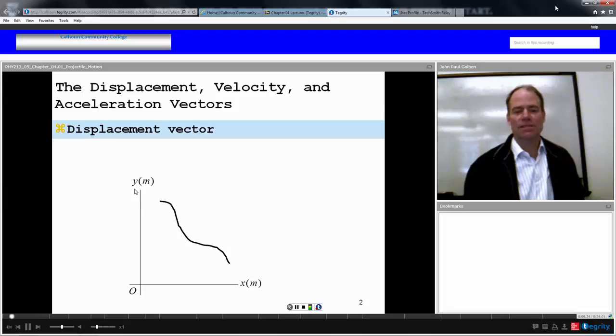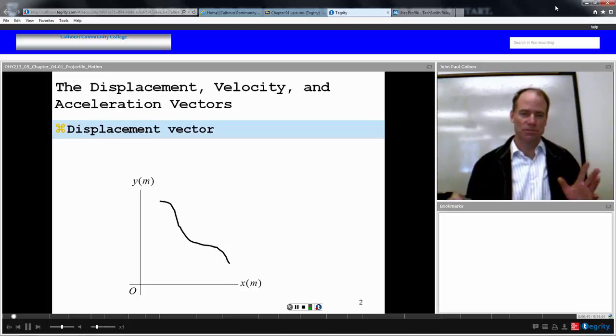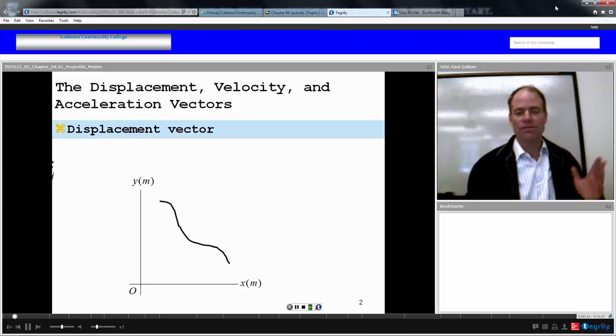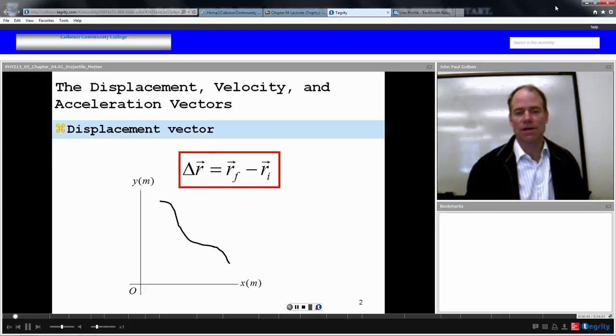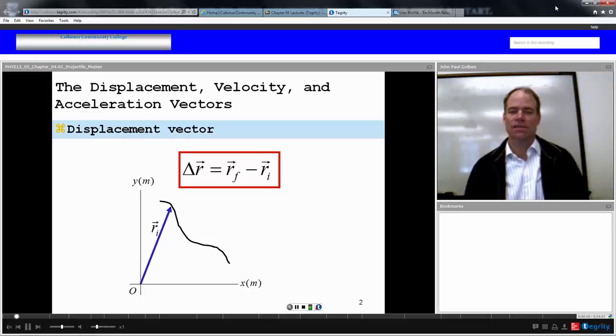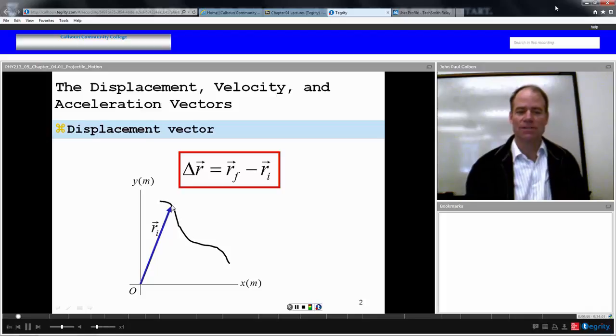So take a look at this. We have an x and y coordinate system, and we have a path, and a particle is going to move along this path. So it's moving in a 2-dimensional coordinate system. We can define its positions in terms of vectors from an origin. So I could say it has an initial position defined from an origin, r sub i, and that's a vector of magnitude and direction that defines that point.